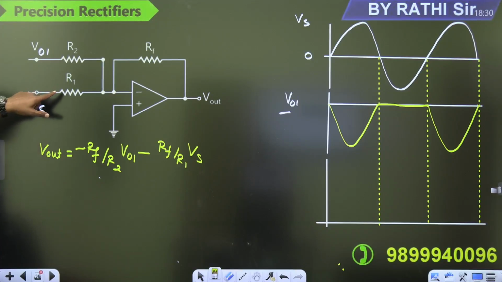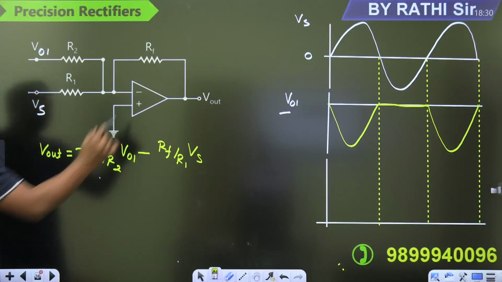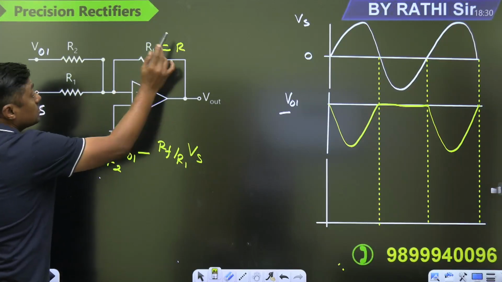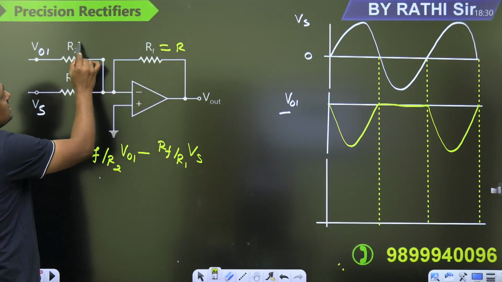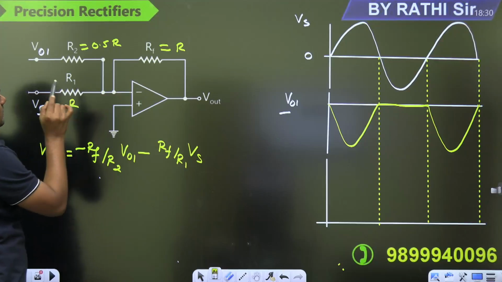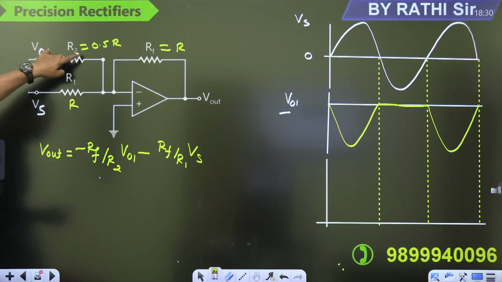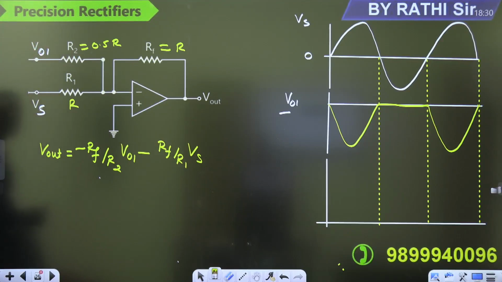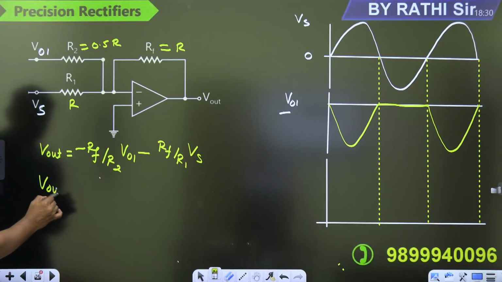Then R1 is equal to what? Rf is equal to R, just for design purposes. This is 0.5 R and this is again R. Now if this is 0.5 R, write down the formula here. What is V01?